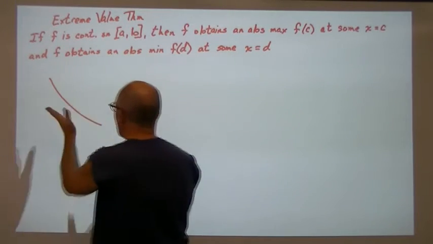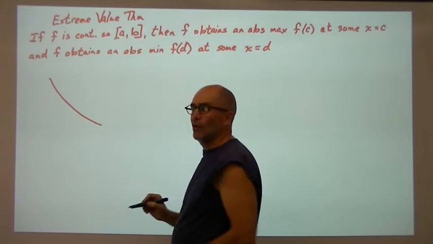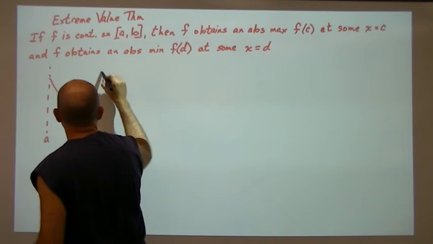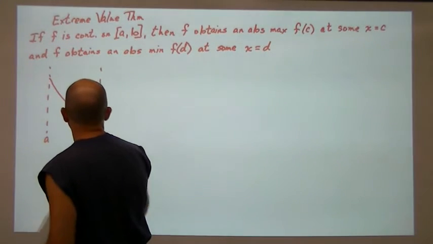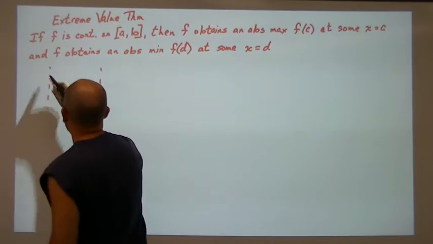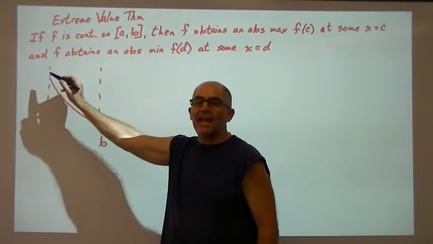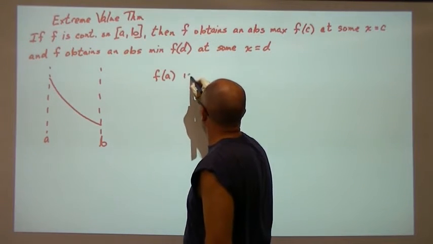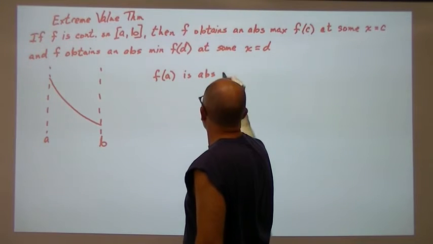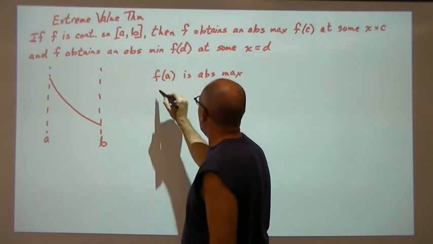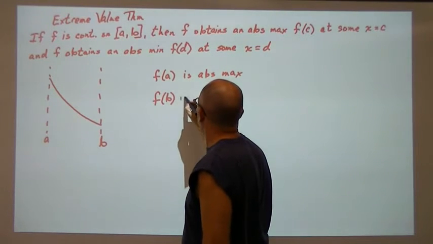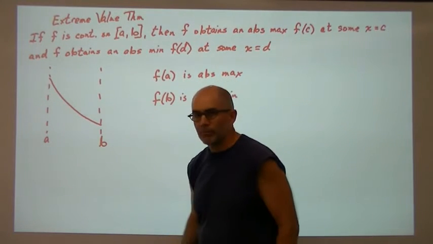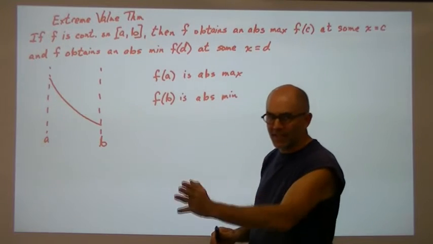And notice I don't see any maximum value here. Well, the maximum value is the beginning point A. So f of A is the absolute max, and f of B is the absolute min, because our function doesn't go forever to the left, forever to the right.